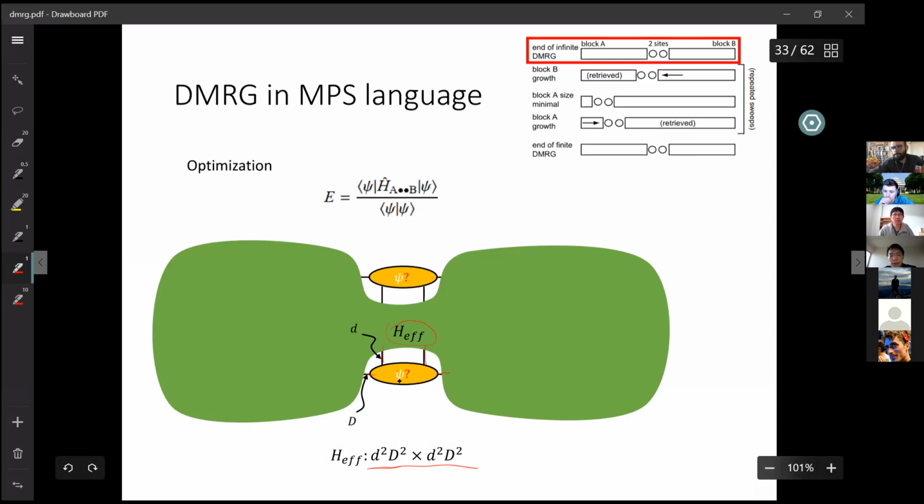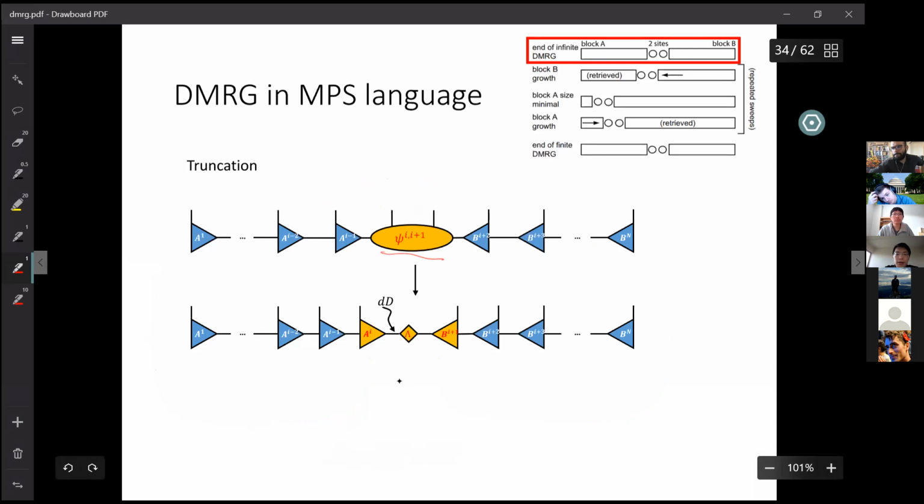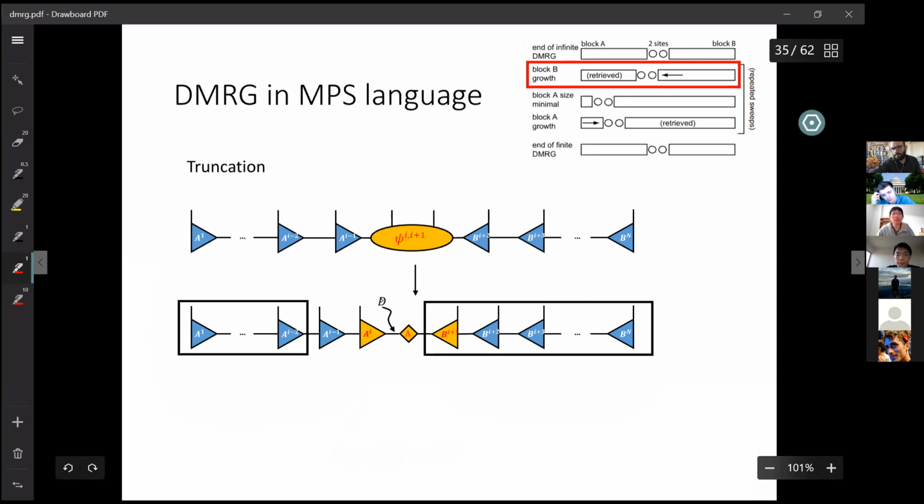Then we find the psi tensor, and now we do the truncation by doing the singular value decomposition. This bond is d-dimensional, and this bond is little d-dimensional. After an SVD, the intermediate bond has this dimension, which is too high, so we want to do the truncation.